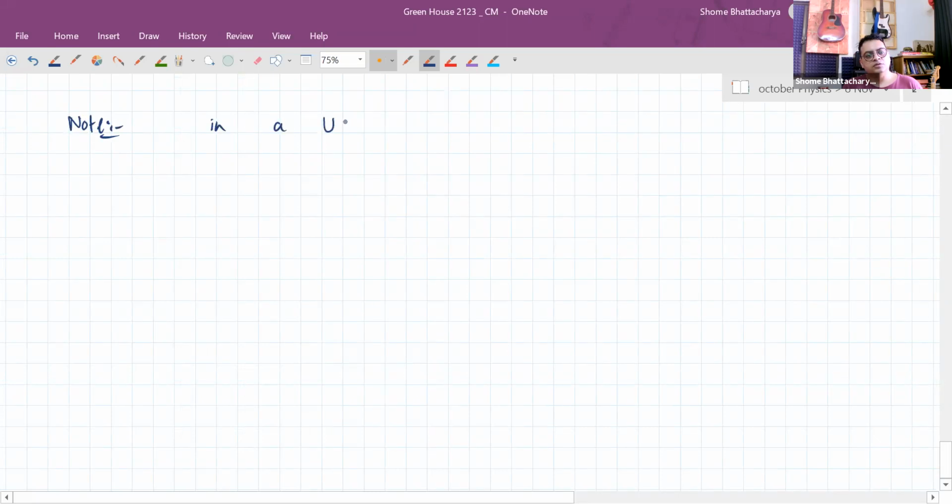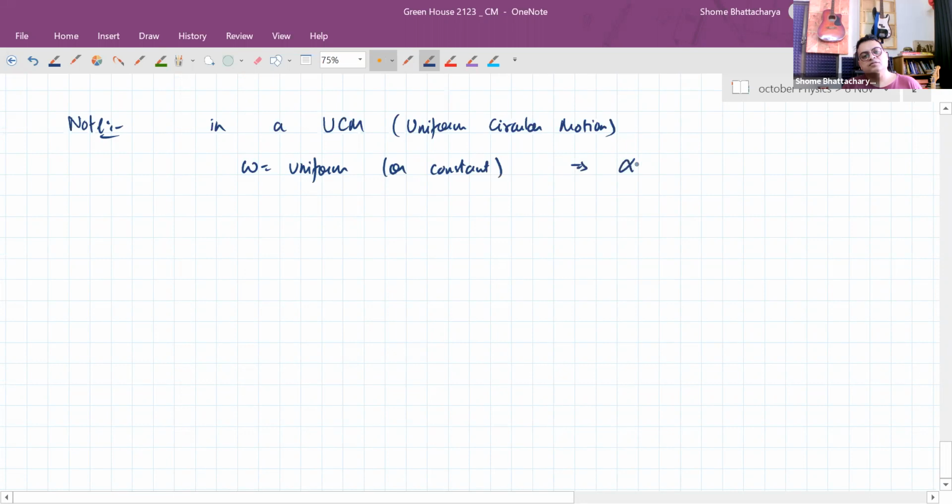In a uniform circular motion, by definition, omega is uniform or constant, and that implies that alpha is zero. Now, omega is uniform also implies that speed is uniform because v is equal to r omega.